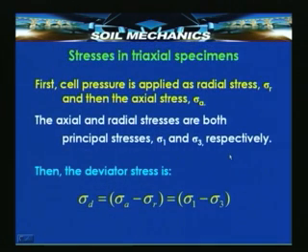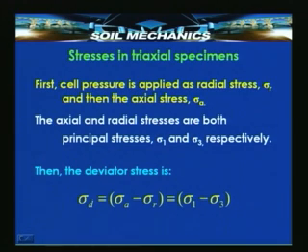Now, what are the kinds of stresses and strains that develop in the triaxial test when we apply the so-called radial pressure and the axial pressure? First the cell pressure is applied in the form of a radial pressure, and then the pressure is increased in the axial direction until failure takes place. So, the radial pressure is say sigma r and the axial stress is say sigma a.